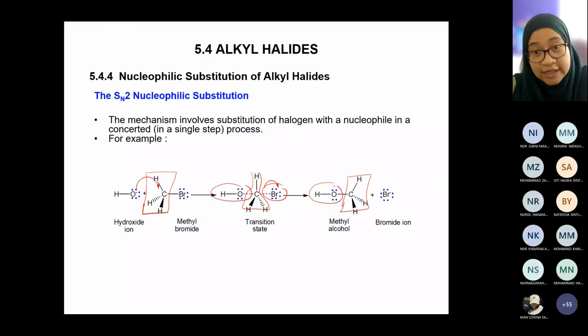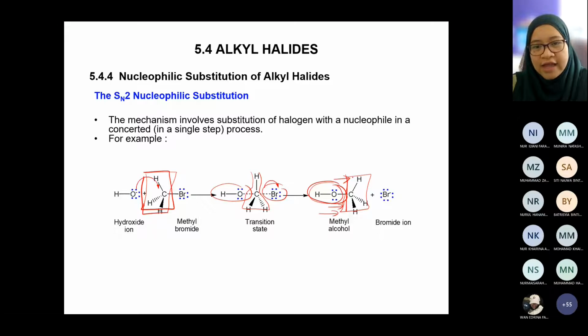Because why? Again, the density of electron for OH, the electronegativity of OH is very powerful and it causes the penolakan. Okay, it pushes the hydrogen to the opposite side. Initially, dia menghadap sini.